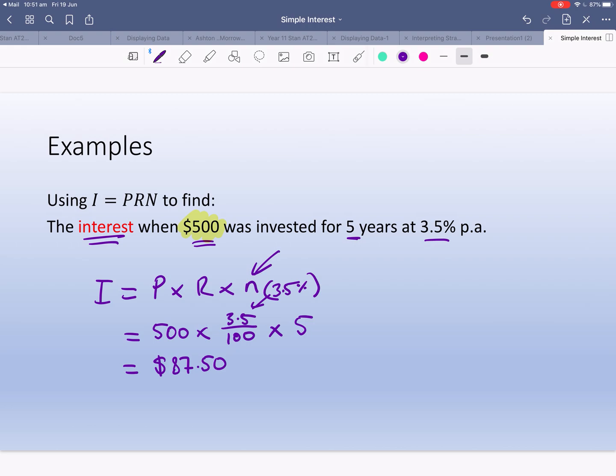That was I. Therefore, the interest earned is $87.50. If you put $500 in the bank, that's how much money you earn over 5 years at that interest rate. It may be worth it. Sometimes you need to put more money in to make it worth it. In this case, you might think it's worth it anyway.